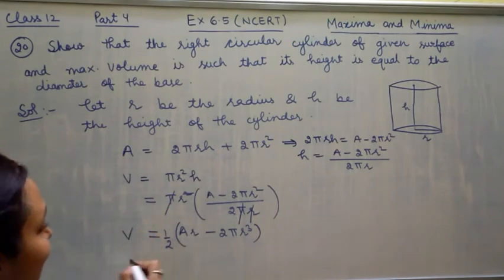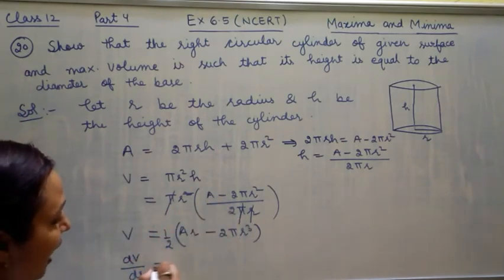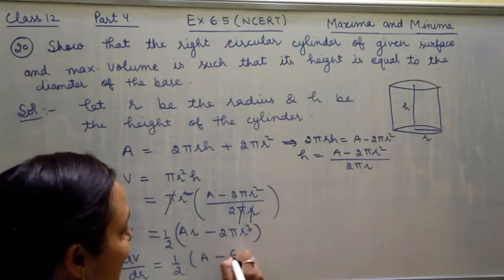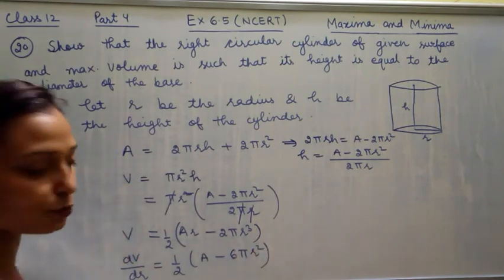Now I will do the derivative with respect to r. dV upon dr is equal to half of A minus 6 pi r square. I will equate it to 0, so dV upon dr is equal to 0.